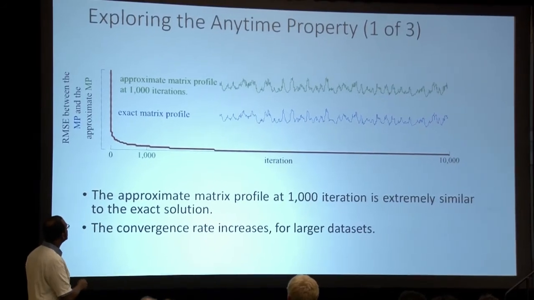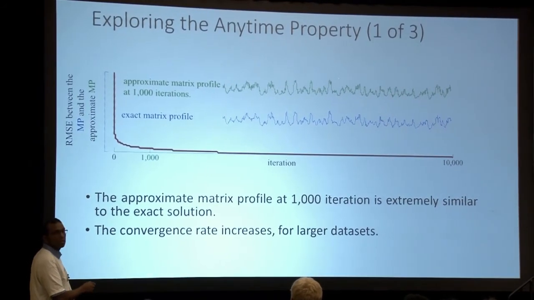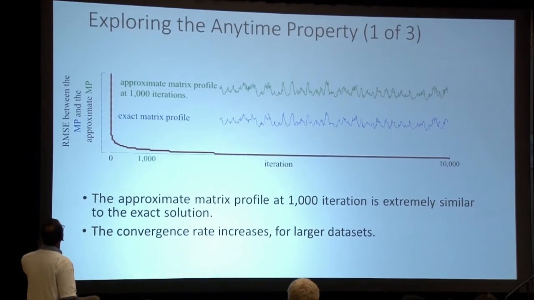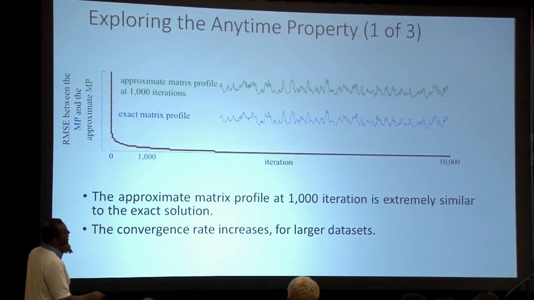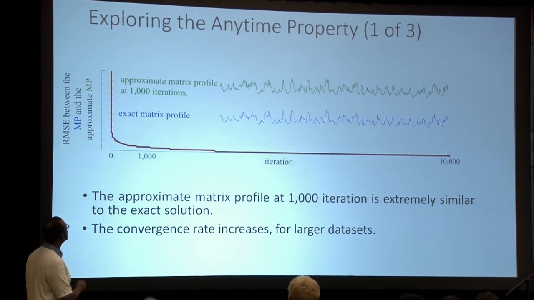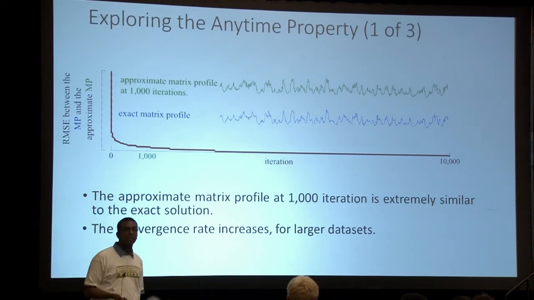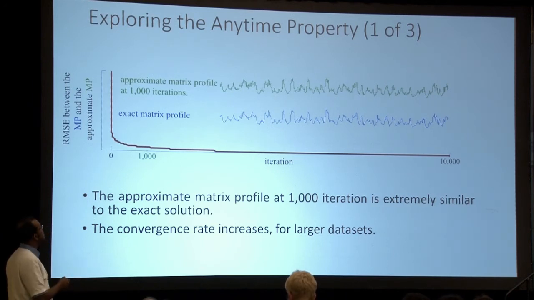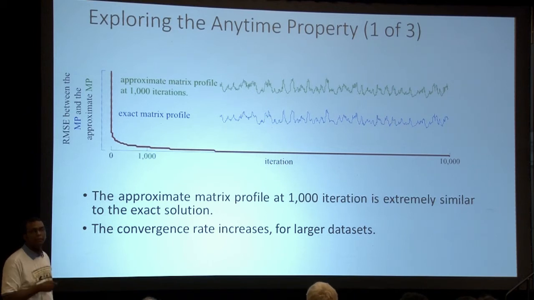But the fact is that within 1,000 iterations, say in this case, I don't have the number of entries. Oh, 10,000, yes. So for a 10,000 long time series, if you do 10% of the work, then basically you converge to a very good close approximation of the matrix profile. So you can stop early if you do the randomization. Otherwise, it'll not be like this. It'll be more like a negative slope 1 curve.